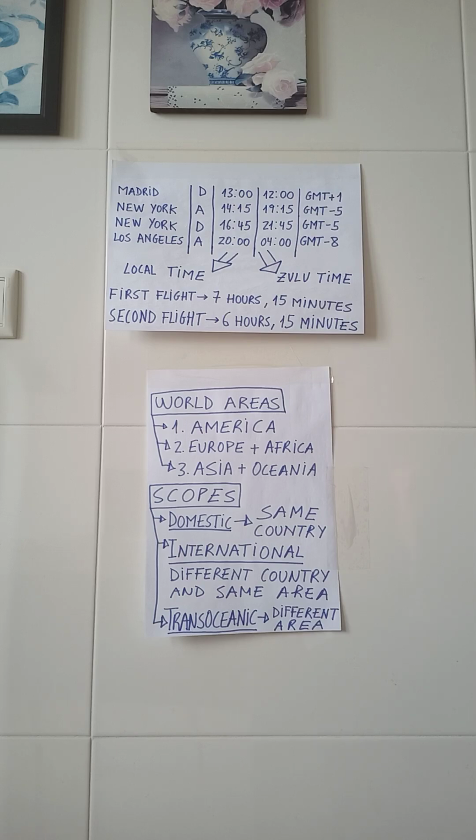The third column tells us the local times of departures and arrivals. The fourth column indicates the Zulu times of departures and arrivals. The fifth column indicates the time differences of the GMT system.